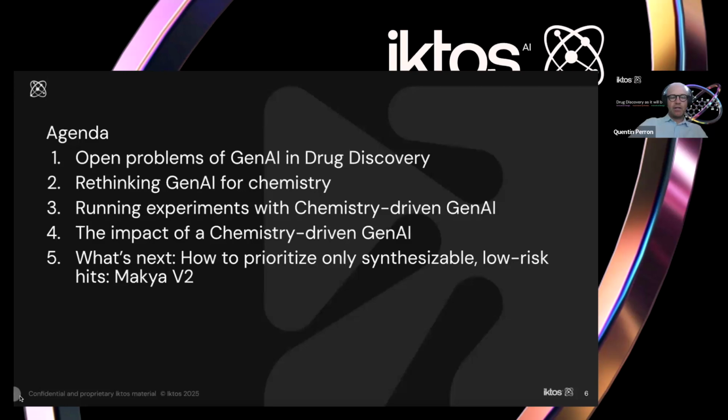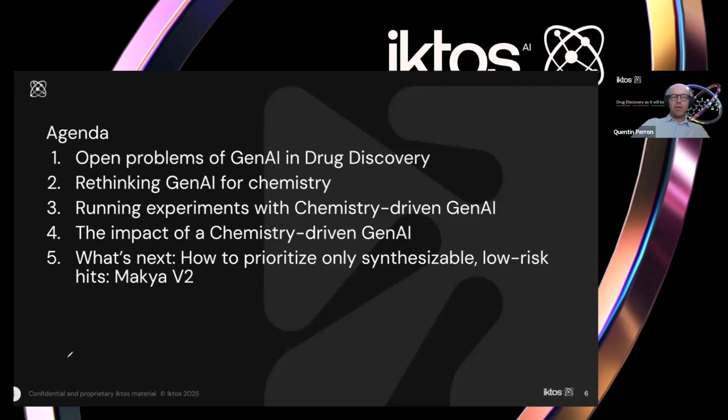So today the agenda is the following. We will talk about open problems, you know, why GenAI is still not a solved problem. Then we will talk about new ways of developing GenAI technology.